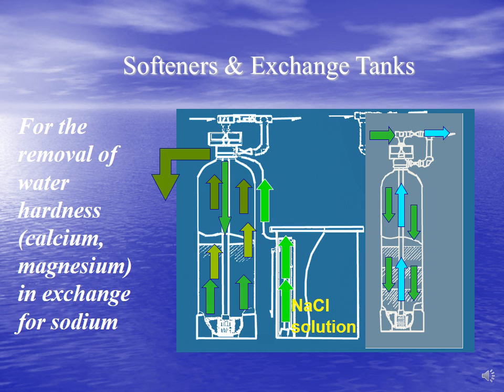The brine then flushes the resin with a high concentration of sodium, and the sheer concentration overwhelms the calcium and magnesium's ability to hold on to that resin, and the calcium and magnesium is displaced and is flushed down the drain, the somewhat different hue of green. So what ends up at the regeneration is, now you have again a tank full of resin that's impregnated with sodium.